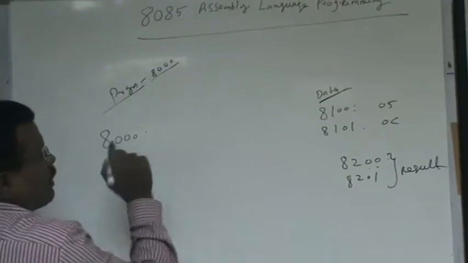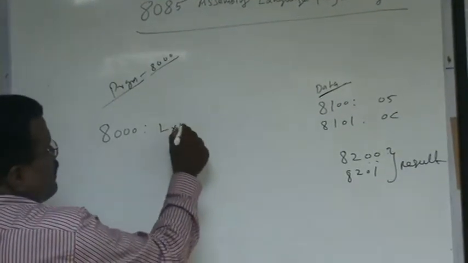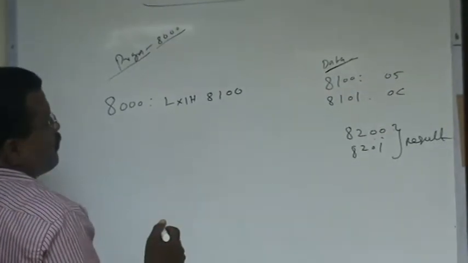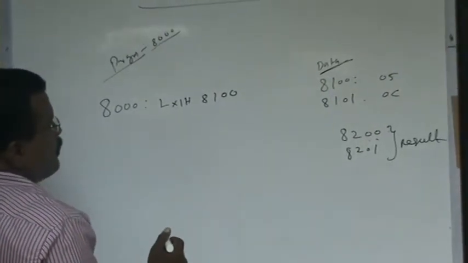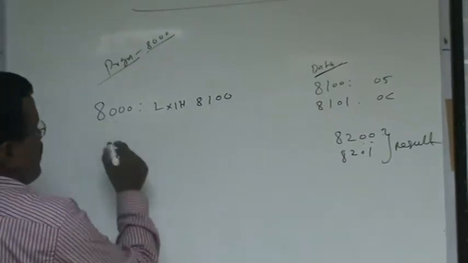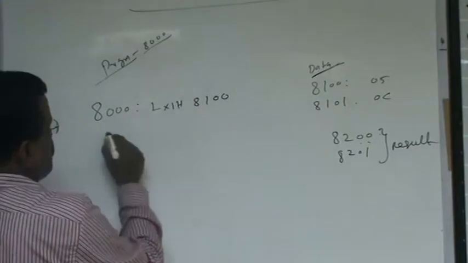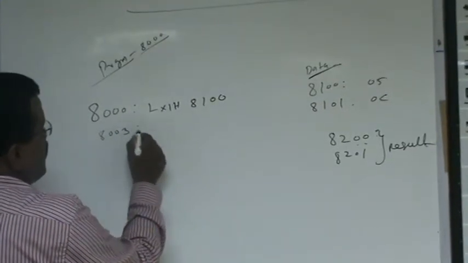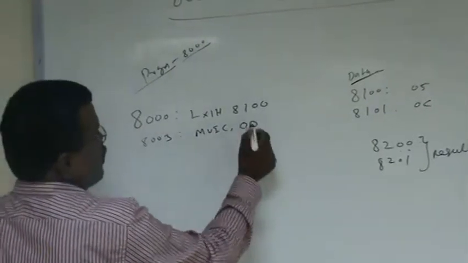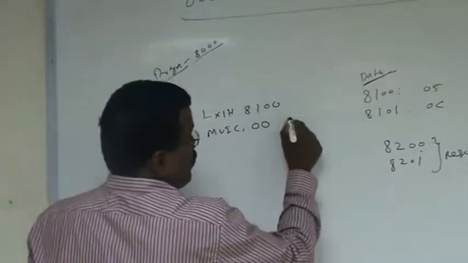What I can do, first you can point where is the first memory location, 8100. Now we have to clear one register for storing carry. 8000, 8003, so I can write move immediate C, 00. I am clearing C register for what?